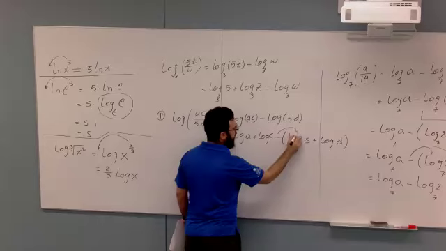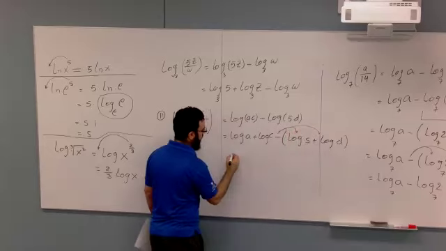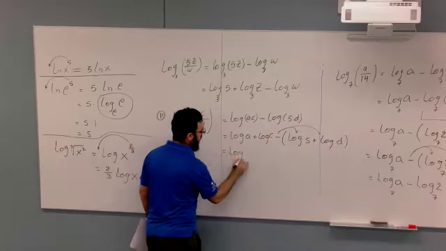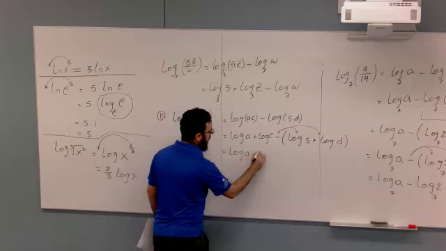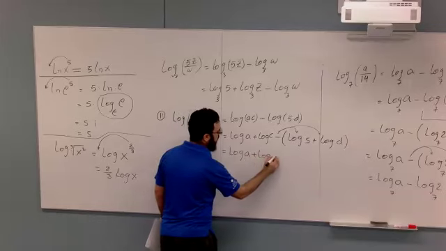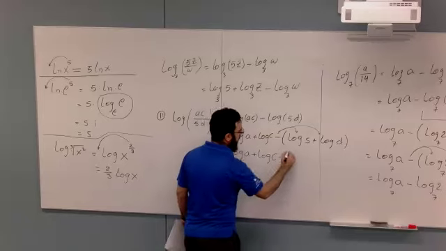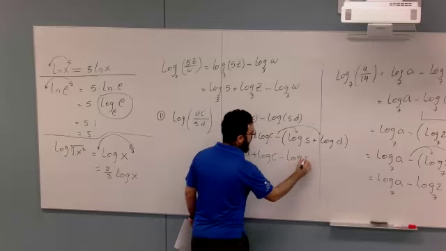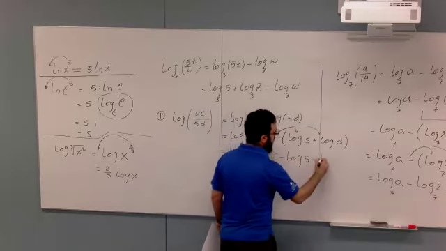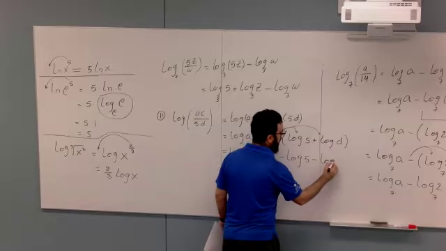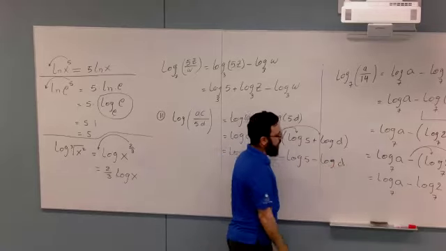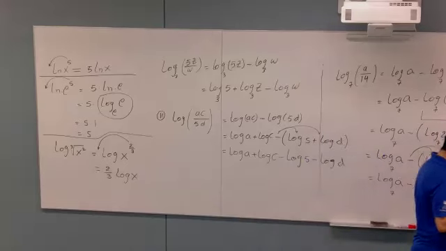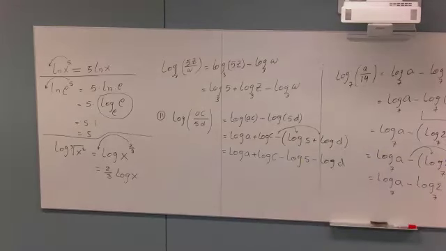Then you can distribute the negative sign. This means it's going to be log a plus log c minus log 5 minus log b. Okay. Put a circle on this one.